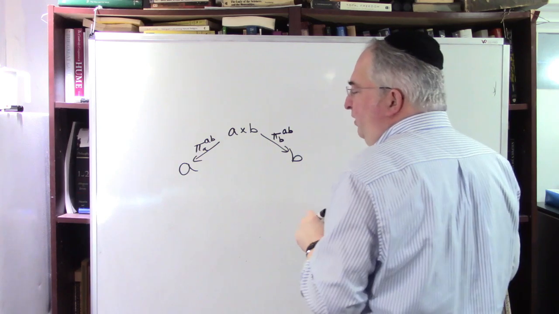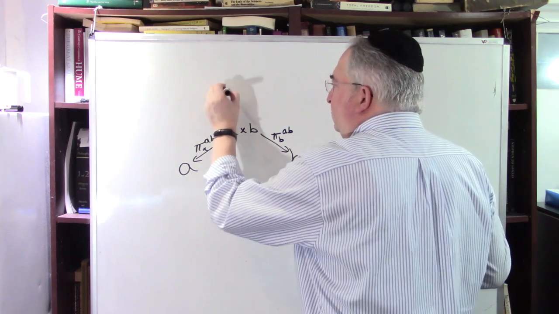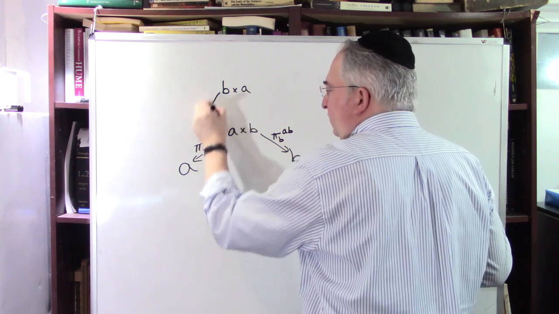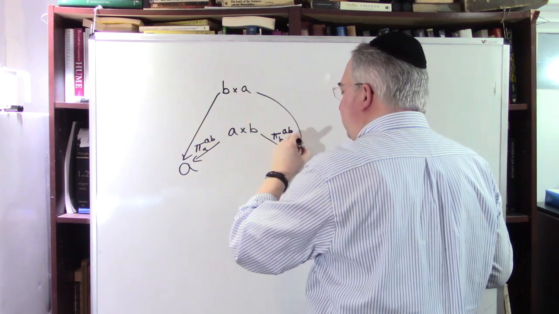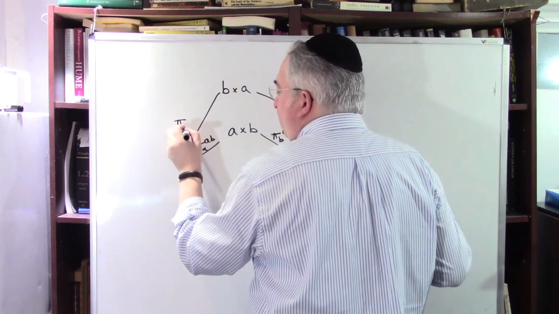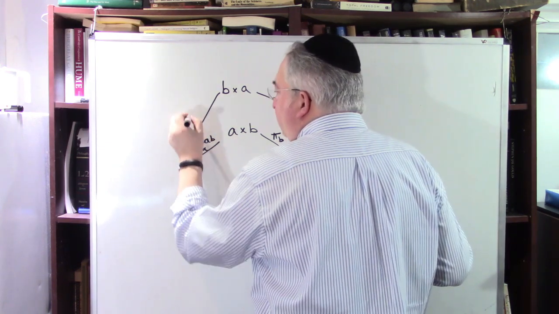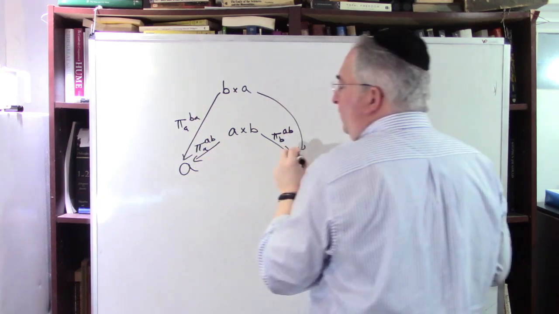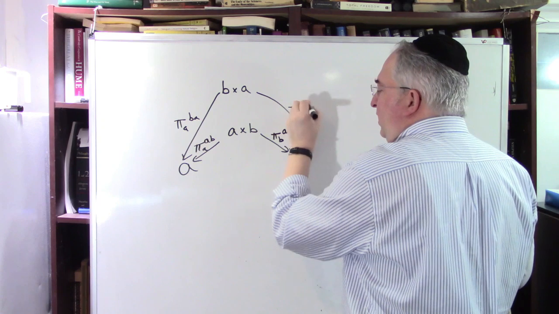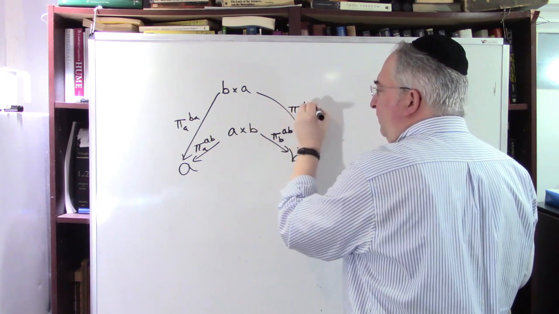Great. Now let's do something else. Let's look at B cross A, and let's look at this morphism. Pi, output is A, but now BA. And this is pi, output is B, but it comes from BA.